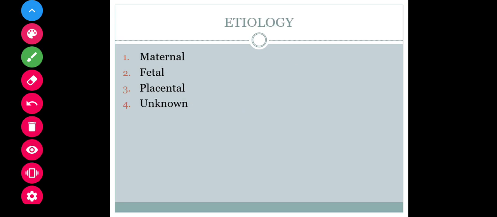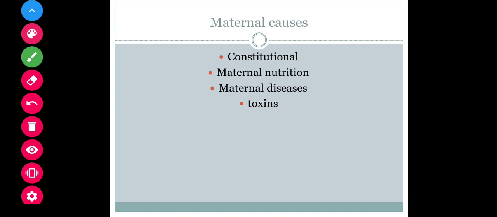Then let's see the etiology. Let's see the maternal causes. Under maternal, constitution: a small woman, maternal genetic and racial background. Due to that, the risk may be increased.